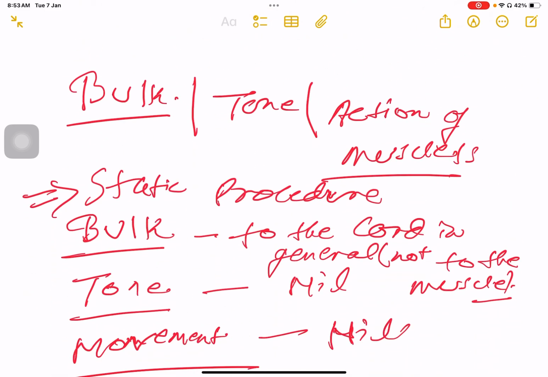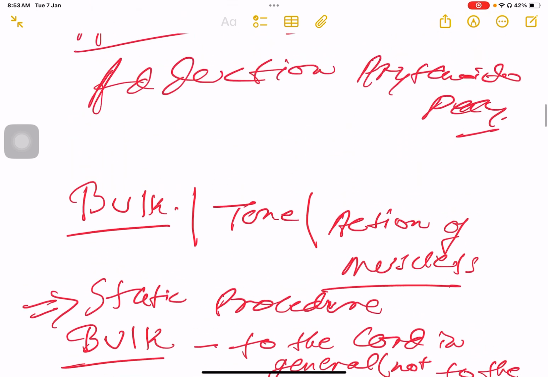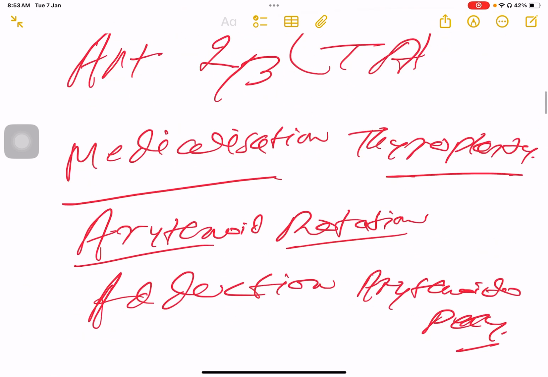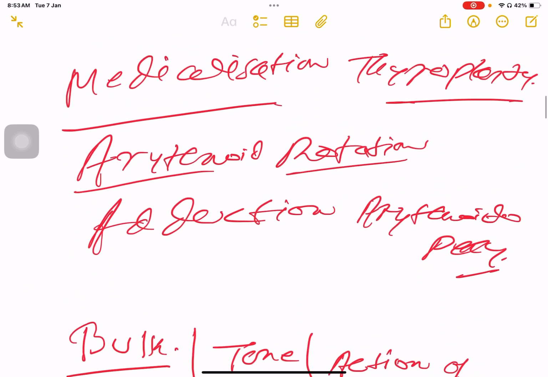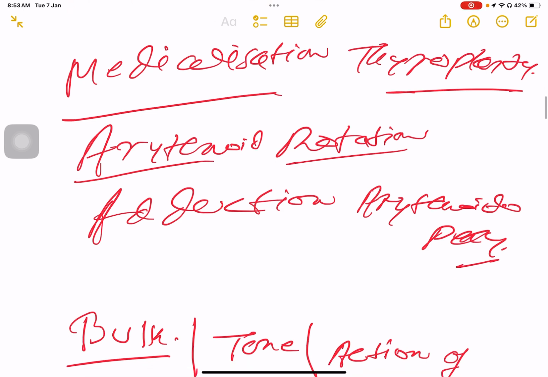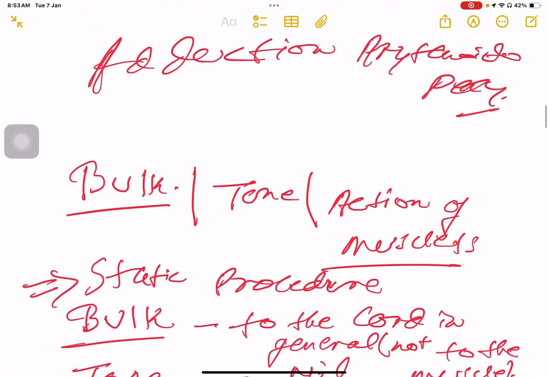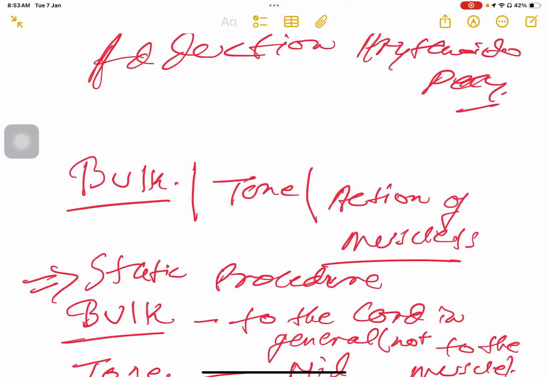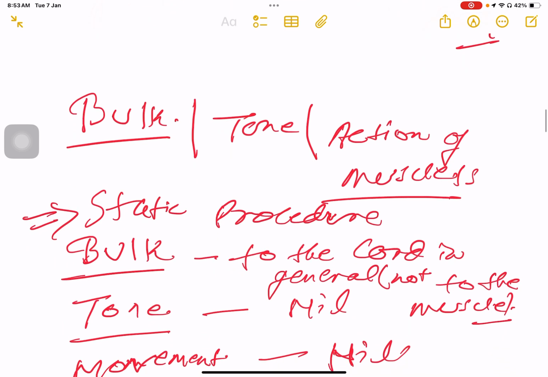But the problem lies in these procedures that the bulk of the cord is somehow increased, but we can't increase the tone of the muscle.